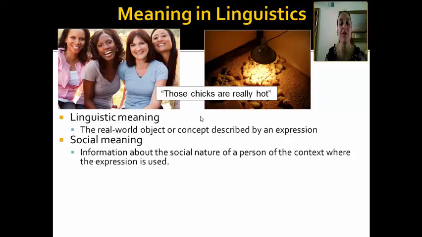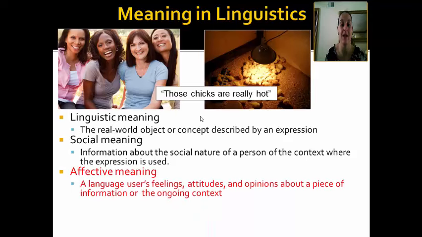Okay, so the third level of meaning that is contained in language has to do with the affective meaning. This is basically the information that we can derive which tells us about the person's feelings, their attitudes, or their opinions based on what they're saying and the context that they're in. So there are two different affective meanings that go along with the two different meanings of the sentence.